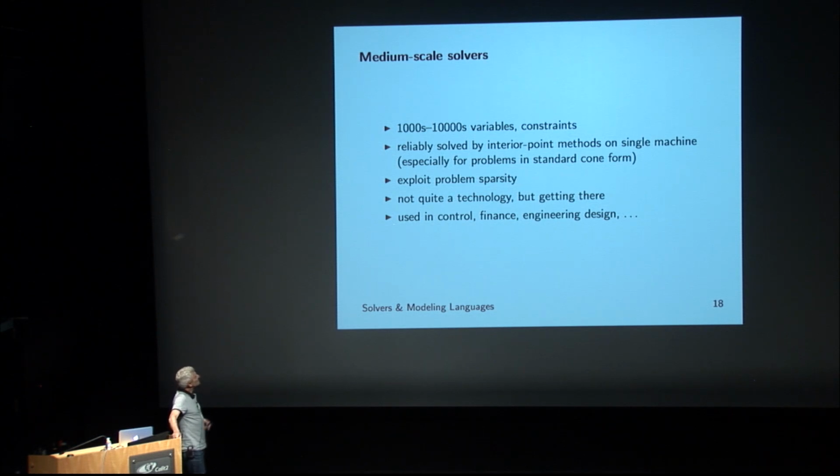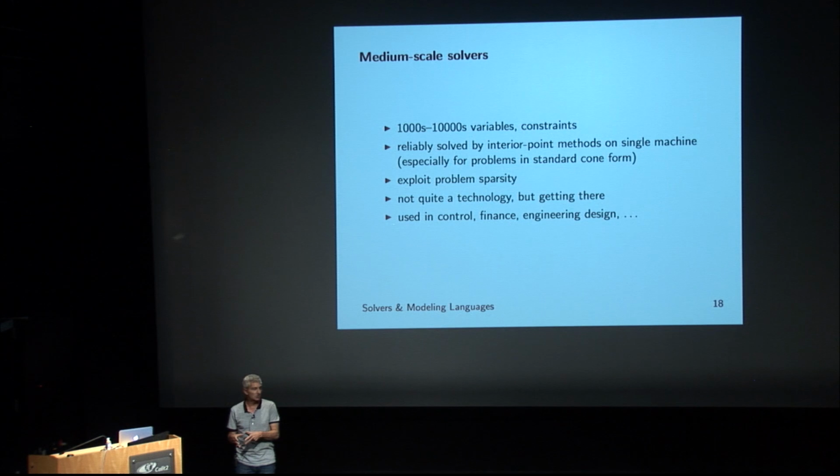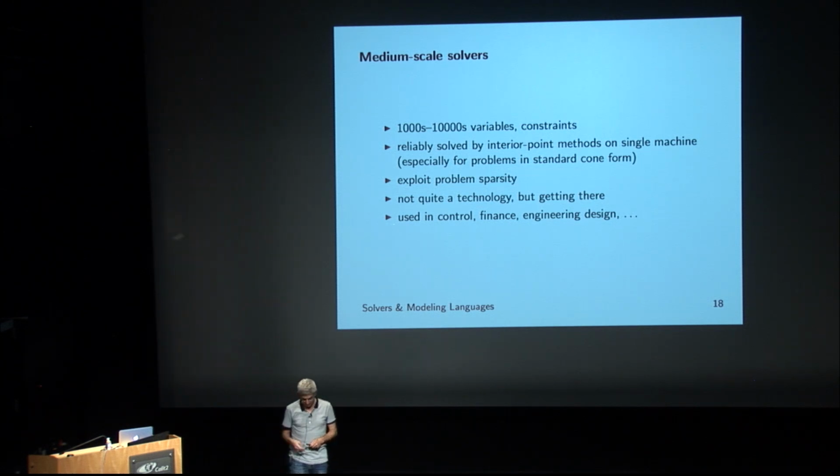Now, these would exploit problem sparsity. And this is not quite a technology, but it's getting there. Right? Technology just means it kind of always works. It also means, by the way, that whatever it is can be encapsulated and used by people who are not experts in that area, right? A lot of people actually think this is insulting when you say a technology. It's actually the opposite.